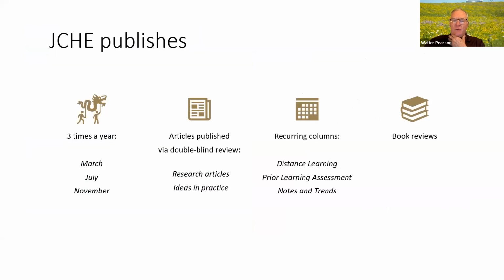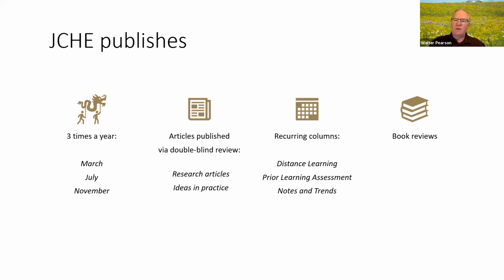So what do we publish? We publish 3 times a year in March, July, and November. But the reality is that once an article is accepted for publication, it's available on the publisher's website. So once an article has gone through all the processes, we actually publish it.